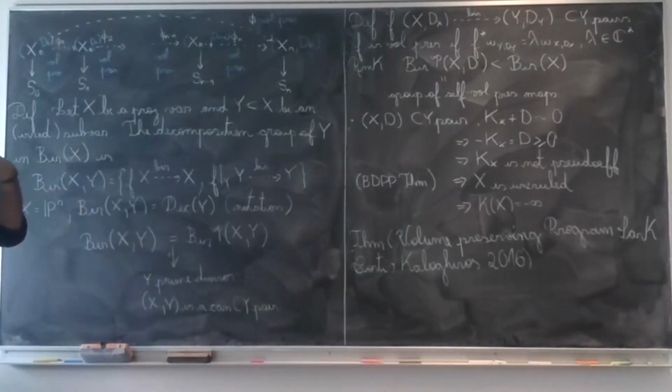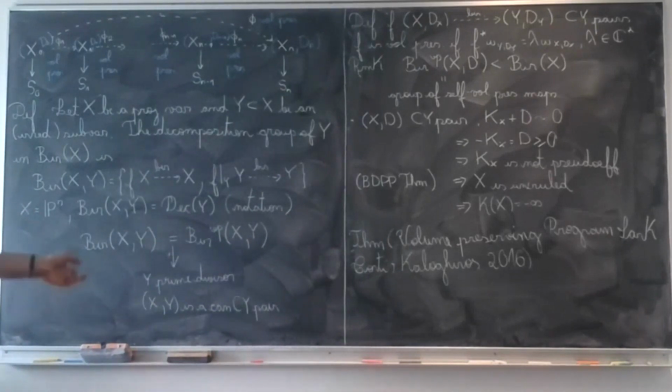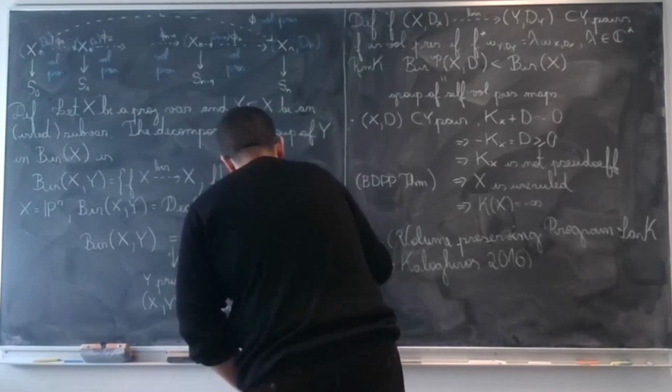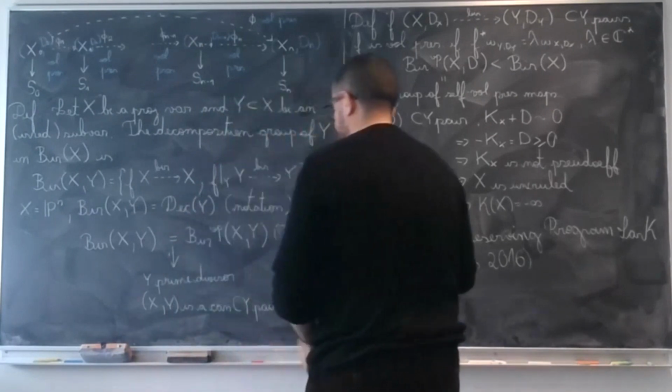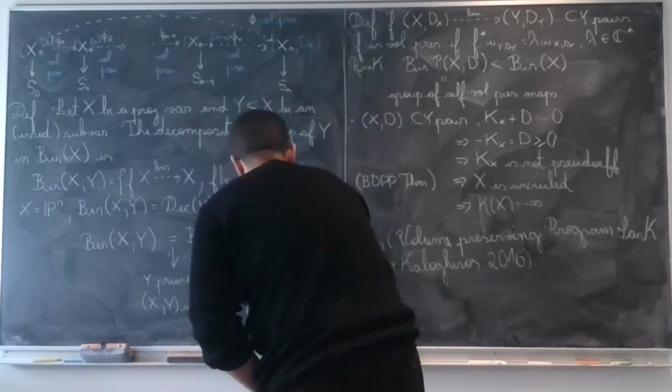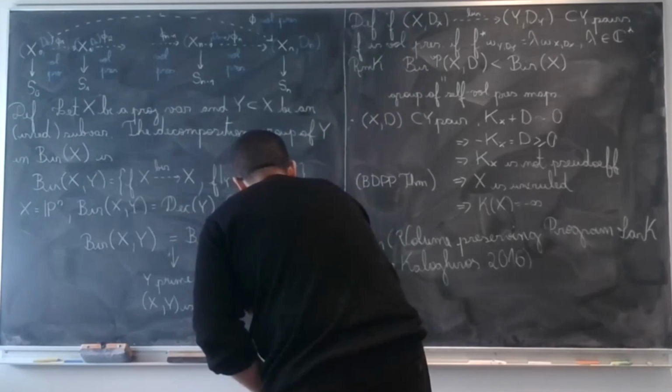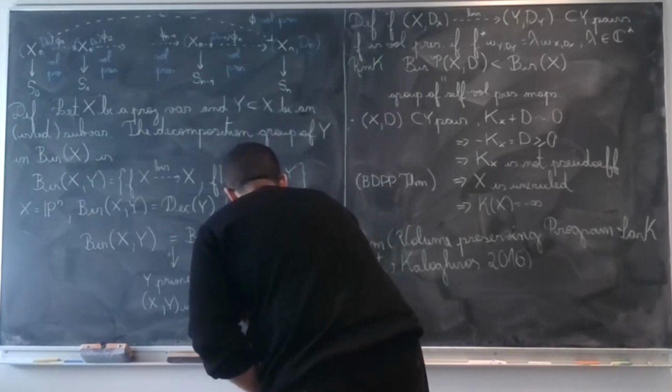So we can use tools from log Calabi-Yau geometry to study decomposition groups, especially in the case where our ambient variety is P^n, and this is a consequence of a proposition. I don't remember the number of this proposition, but it's a proposition from Araujo, Corti and Massarenti.